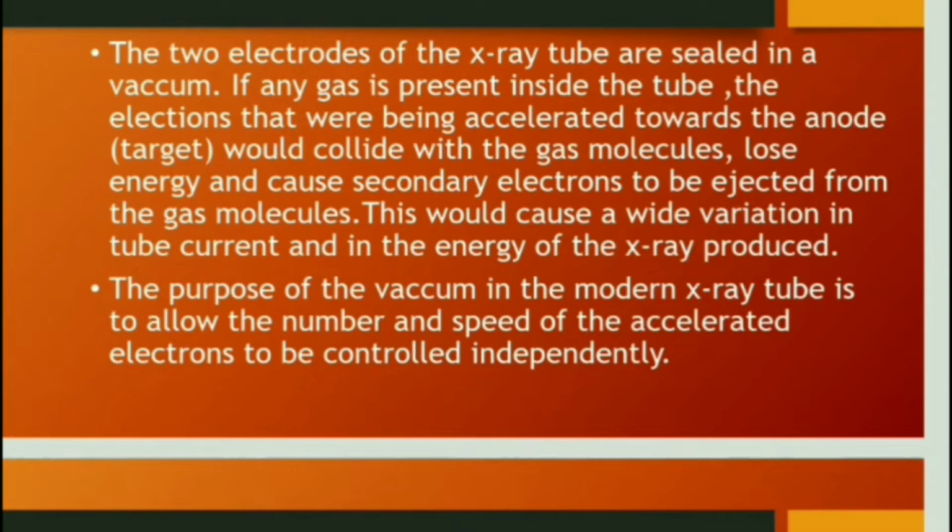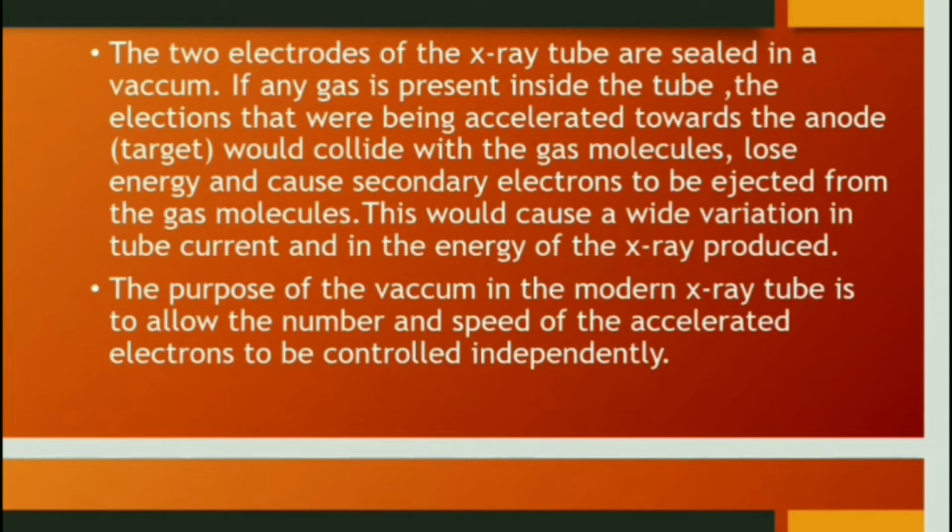So what happens if a gas is present inside the tube? The electrons that were going to accelerate towards the anode target will collide with the gas molecules present in the X-ray tube. When they collide with the gas molecules, they will lose their energy. Plus, there might be an ejection of secondary electrons from the gas molecules.